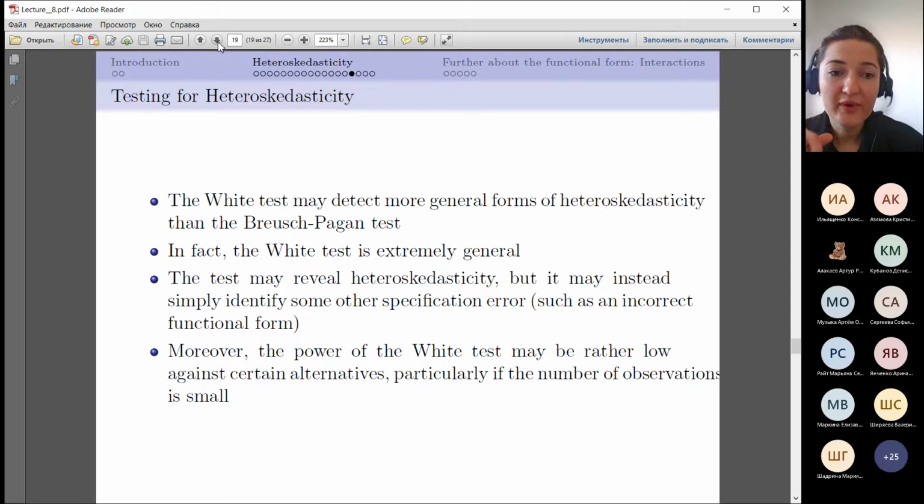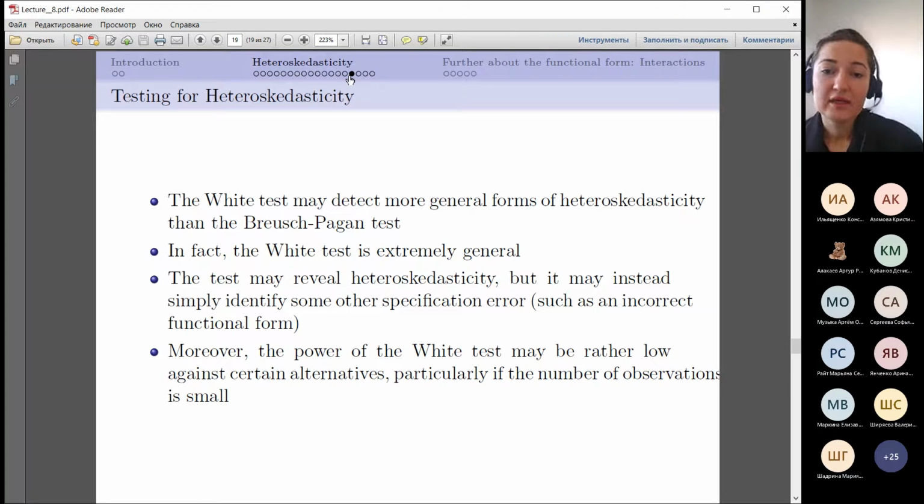But even if you compare 2 of them, the White test may detect more general forms of heteroscedasticity than the Breusch-Pagan test. In fact, the White test is extremely general. This test can check different forms of heteroscedasticity.